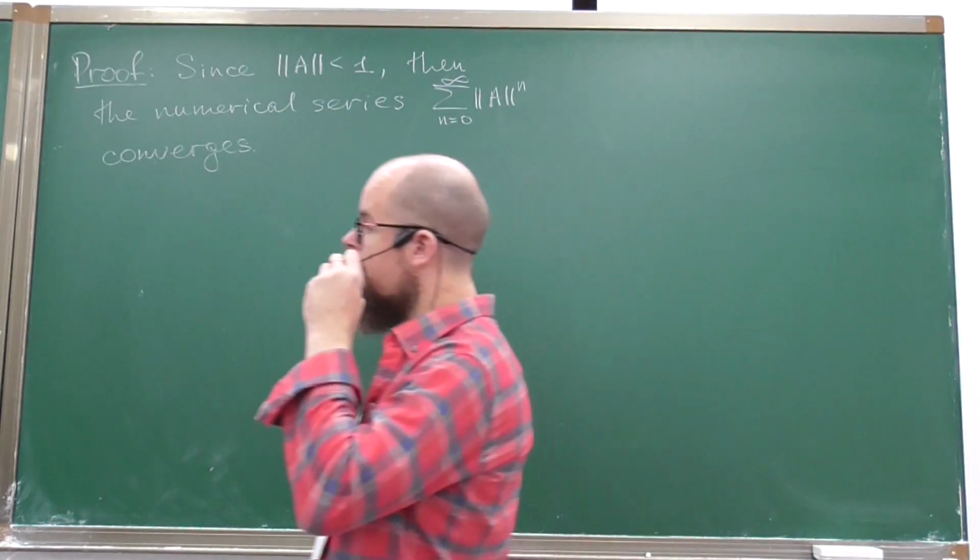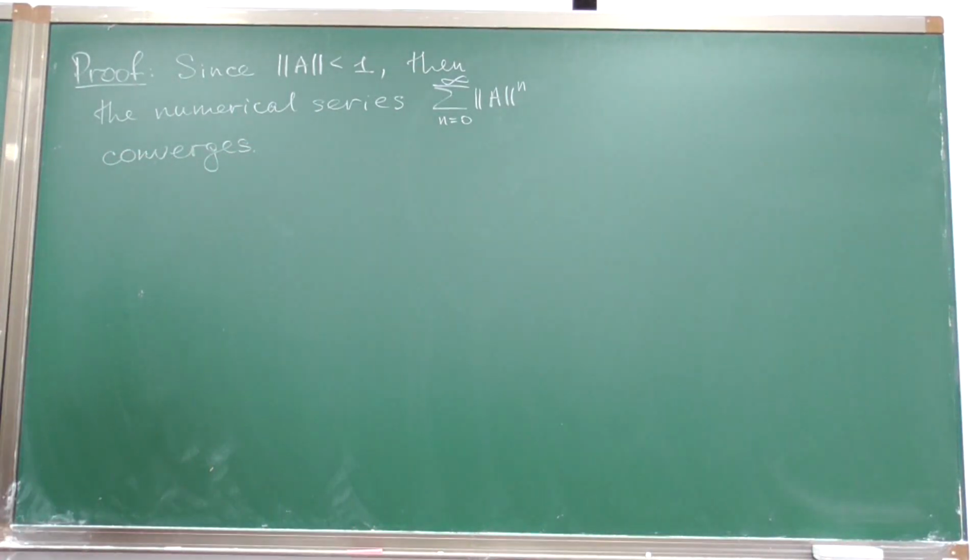Further, as soon as we introduced the product of two operators, I stated a very simple inequality between the norm of the product and the product of the norms. So let's use it over here.